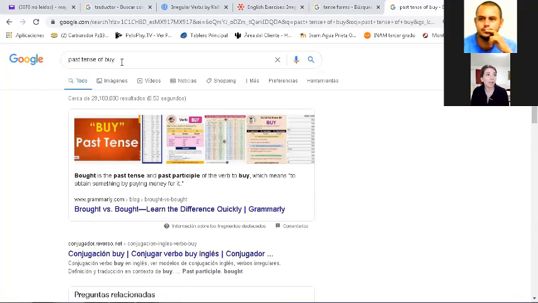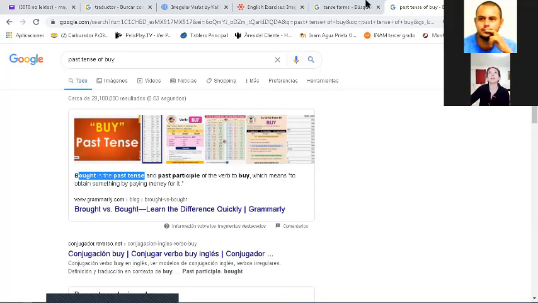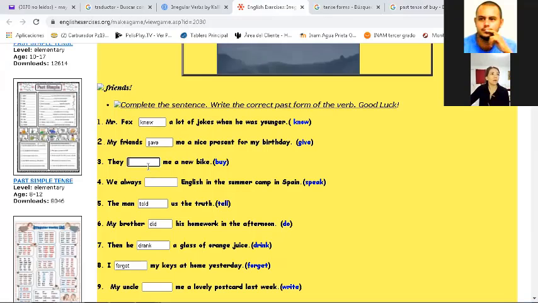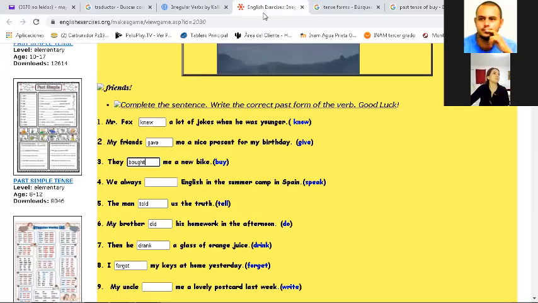The only way to learn them is memorizing them, okay? So here we have it. Bought is the past tense and participle of the verb to buy. But in this case, we only need the past tense, which is bought. So we're going to write it down here, bought.